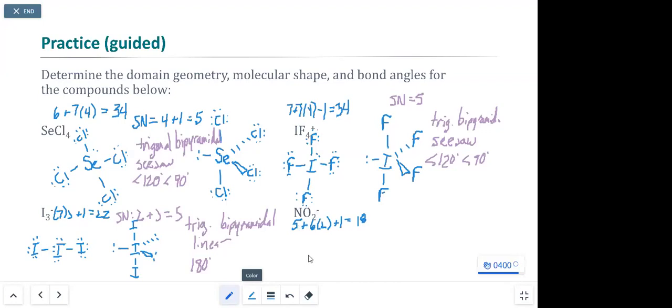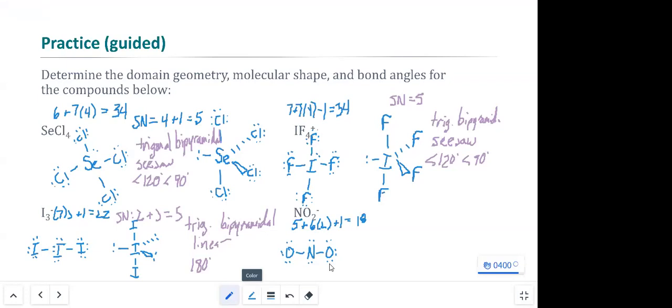Now, if we draw this out from a Lewis structure standpoint, starting with the simplest structure, we would recognize that this Lewis structure, 2, 4, 6, 8, 10, 12, 14, 16, 18, 20, has too many electrons.